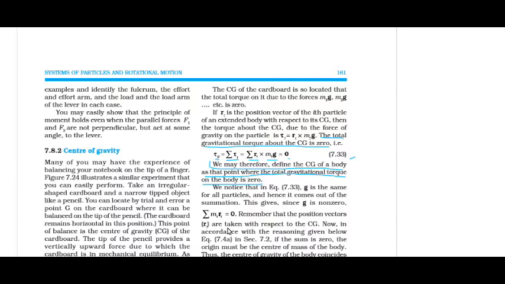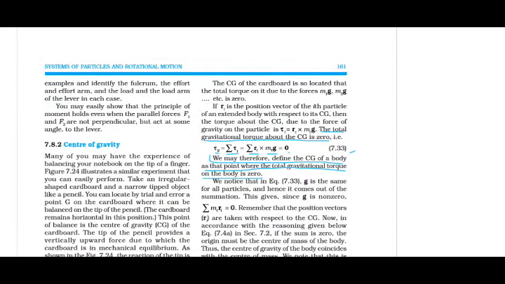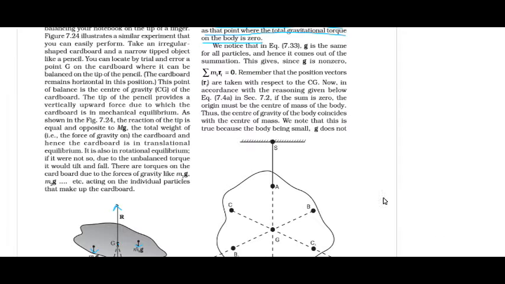Remember that the position vector r is taken with respect to CG. Now, in accordance with the reasoning given in equation 7.4a in section 7.2, if the sum is 0, the origin must be the center of mass of the body. Thus, the center of gravity of the body coincides with the center of mass.